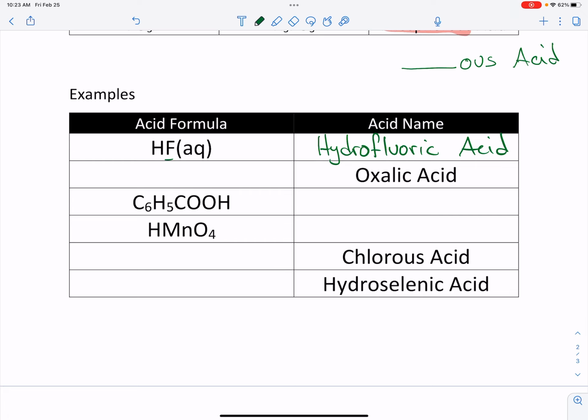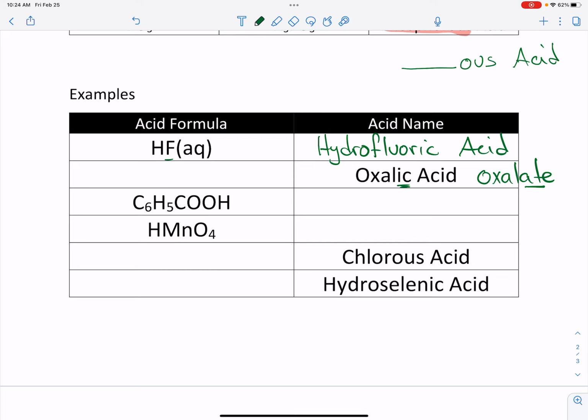It must have a complex ion in its formula. If its name is oxalic acid, so it ends in ic, then the complex ion's name must have been oxalate, right? The ate ending produces the ic suffix in the acid name.